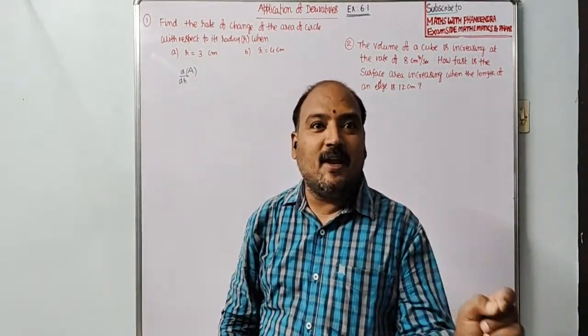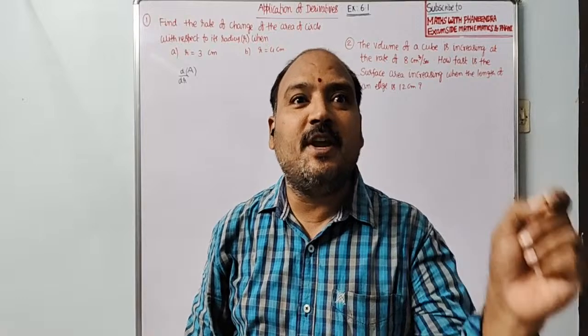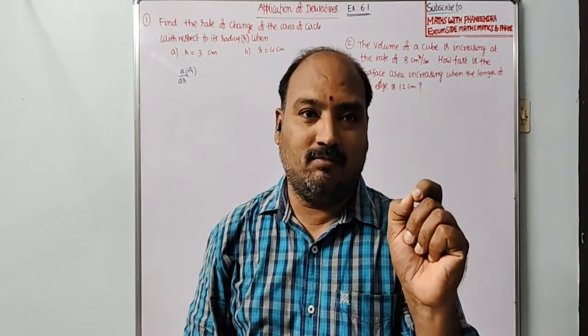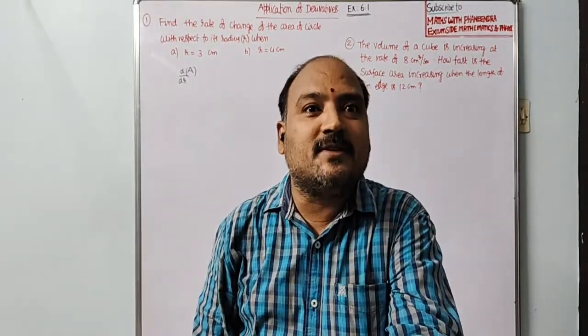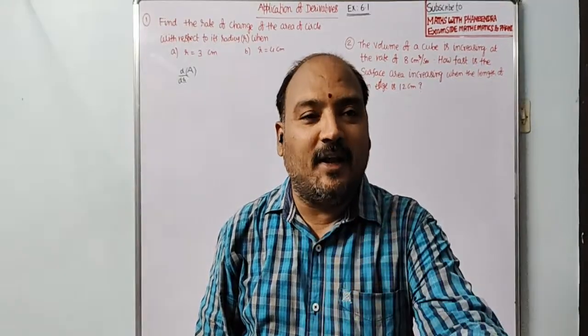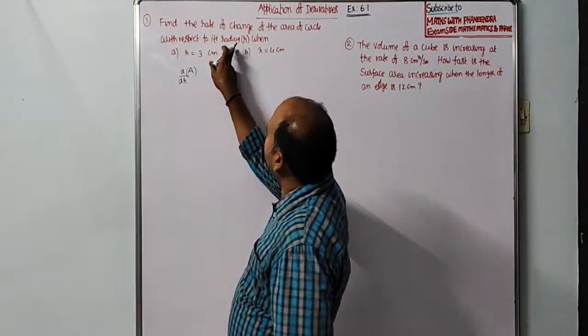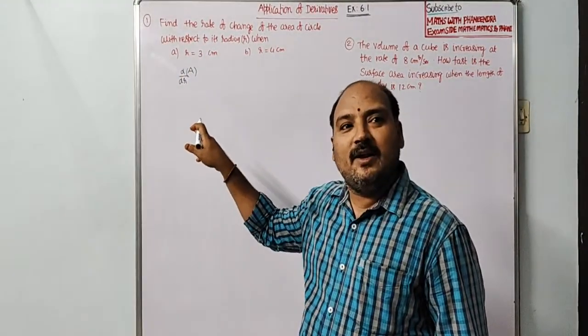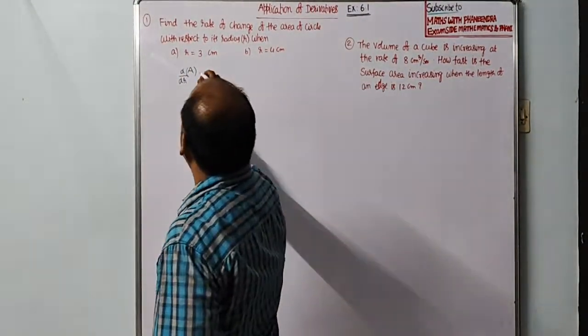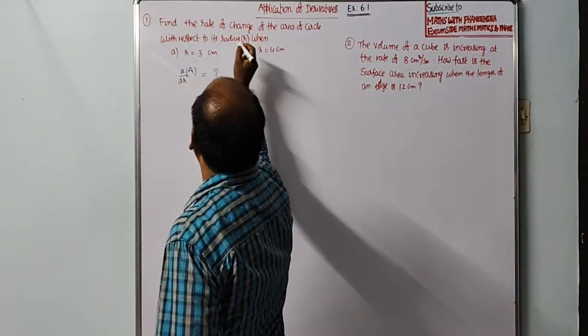That means area of the circle differentiated with respect to r. Rate of change generally means dA by dt, with respect to time. Now, with respect to radius they mentioned, so dA by dr. This we are going to calculate for this question.